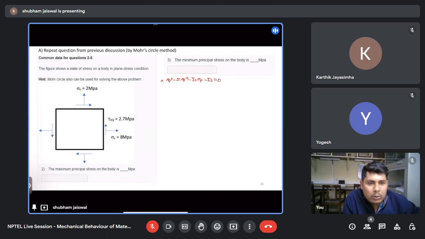This equation we have used, and we have calculated the maximum principal stress and minimum principal stress. Now the same problem we can solve using the Mohr circle. So can you solve by yourself and show me the diagram?